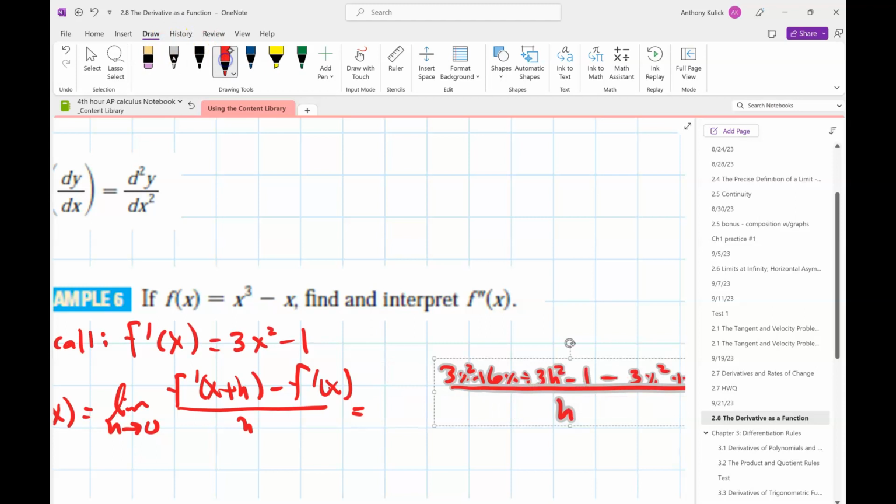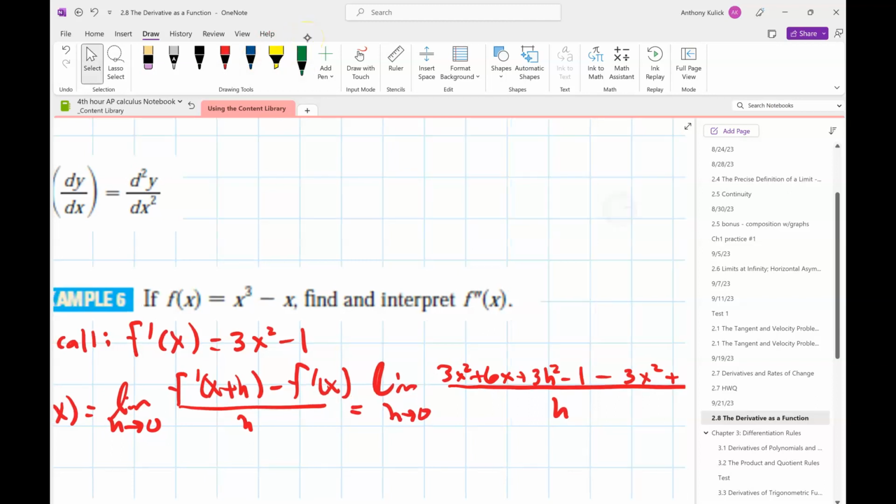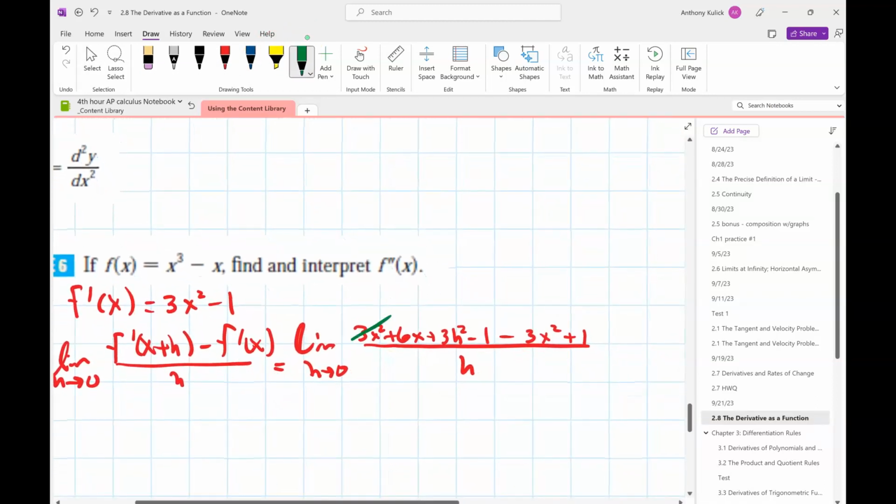It's the beauty of doing this in OneNote, right? Okay. I noticed that the negative 3x squared and positive 3x squared, and the 1 and 1, all cancel out. I said 6xh; I don't think I wrote the h. And then I can reduce my h's.